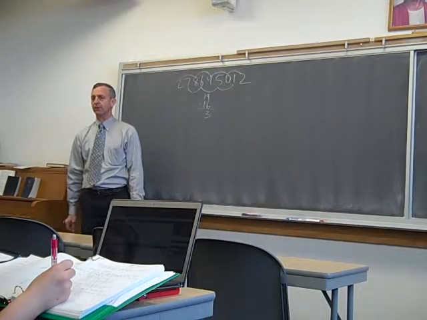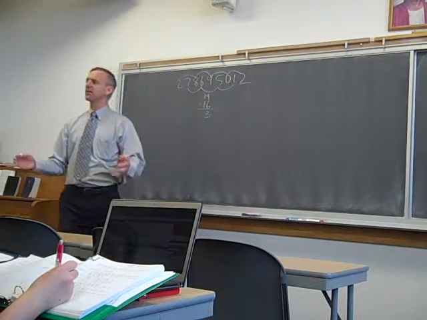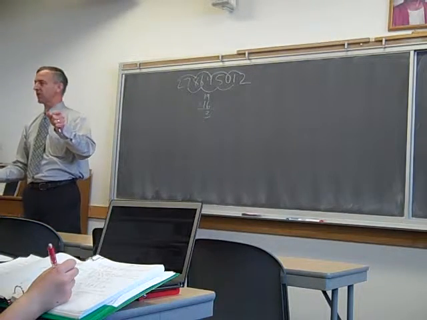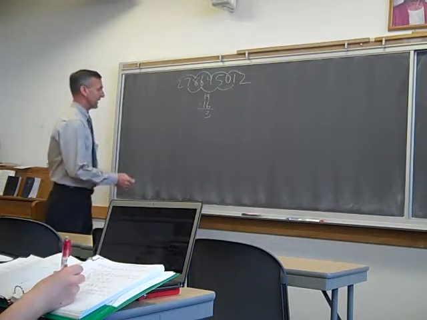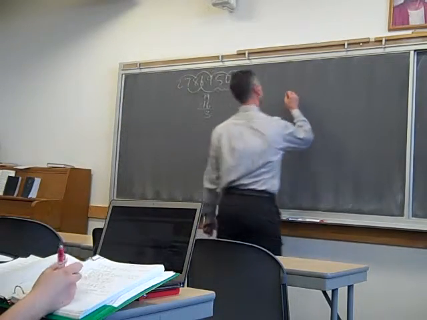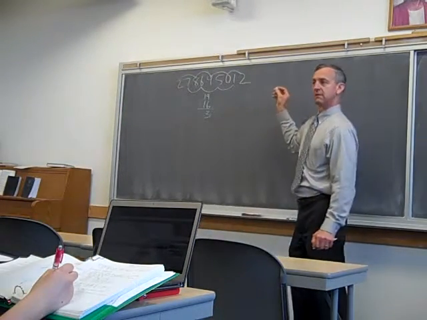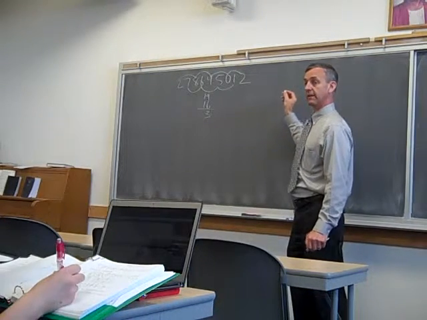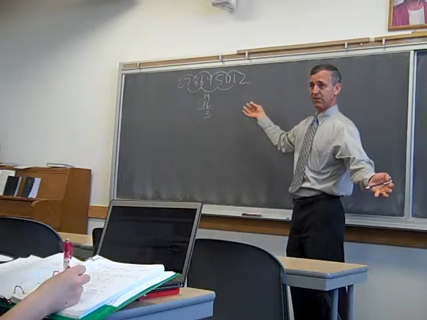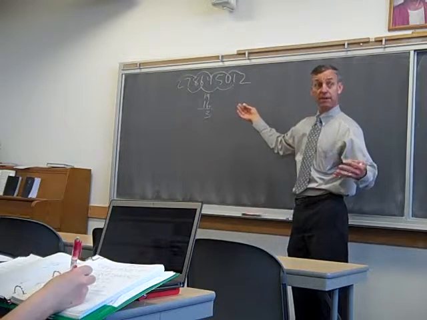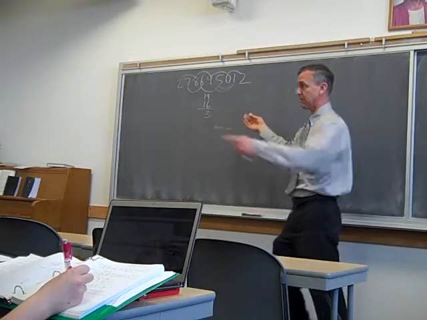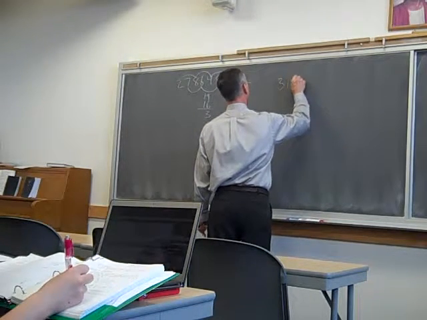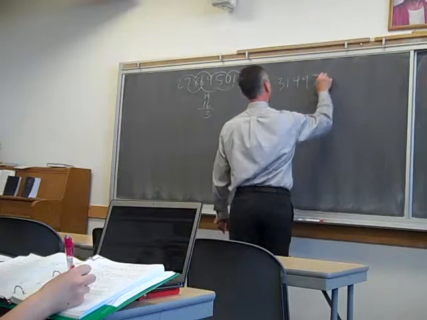Somebody who's got a calculator, let's make up one that does work. Go 11 times a 6-digit number and give me the result. 11 times, just make up any 6-digit number. If you take 11 times it, we'll have a multiple of 11, right? That should be divisible by 11. You got one? 3, 1, 4, 9, 7, 6, 2.